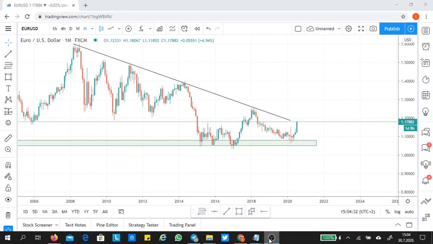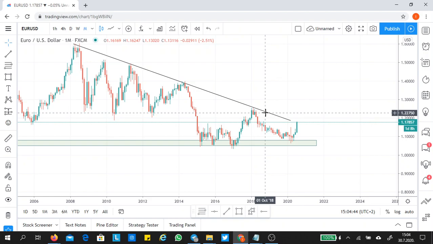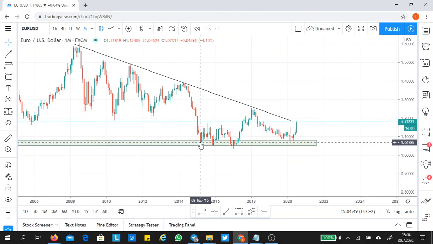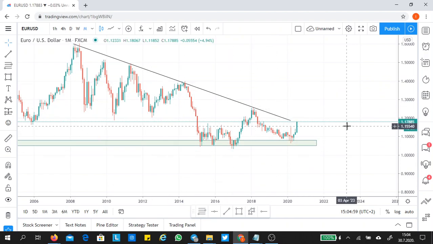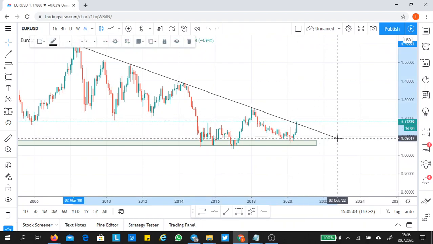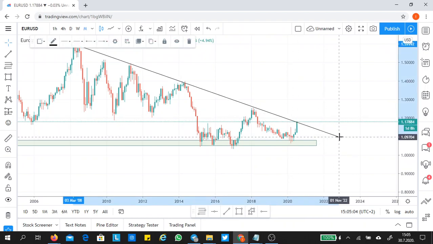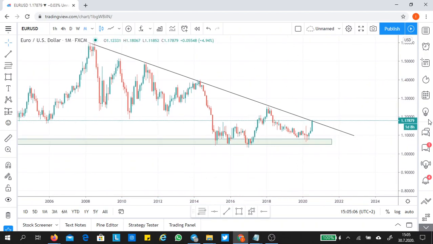So let's continue. So we said that this was a good entry point for short. Where it will stop we cannot quite say, but we saw that this was a really important level where a turning point might happen. Now this trend line is still valid, so it still can be left on the chart.